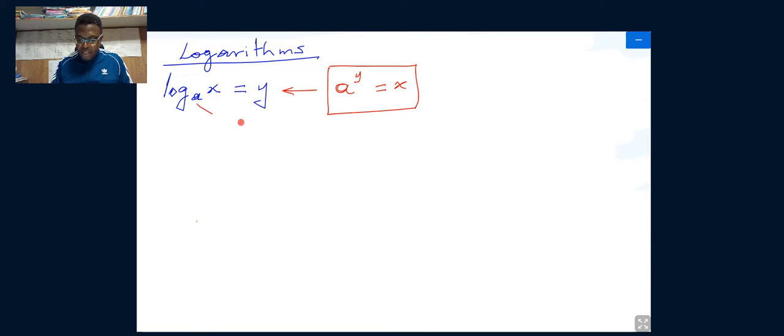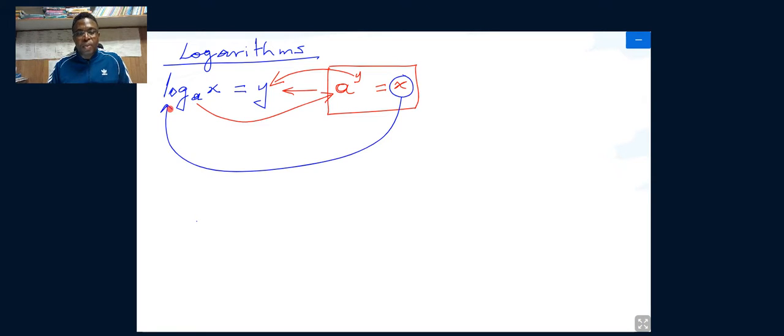A remains a base. Nothing changes. A is still a base. The only thing that we do is take the exponent and make it the subject of the equation. And we are actually talking about the log of x.